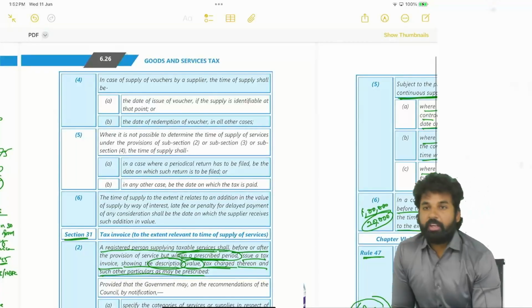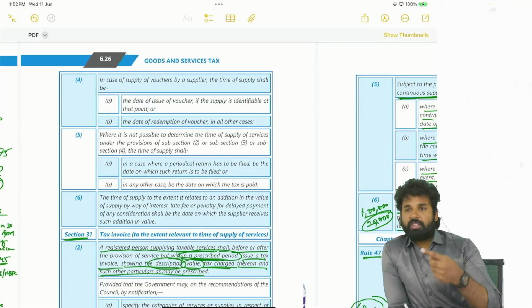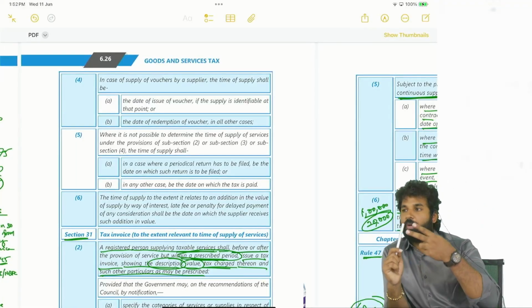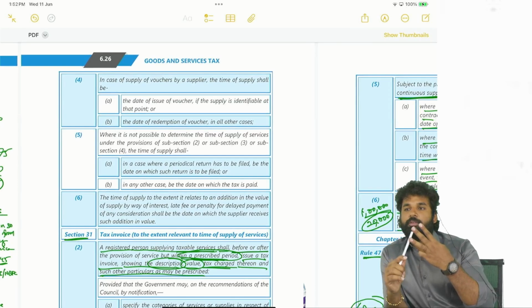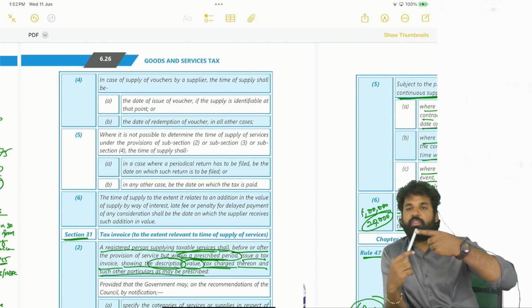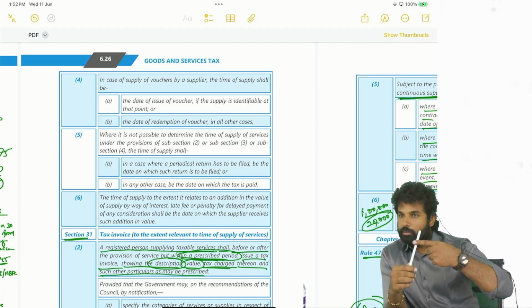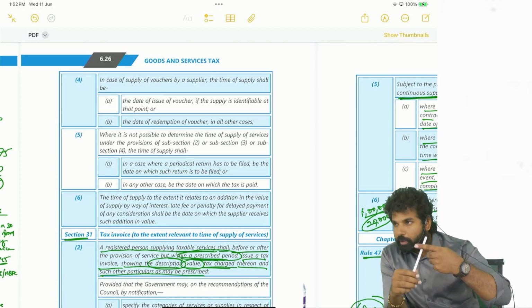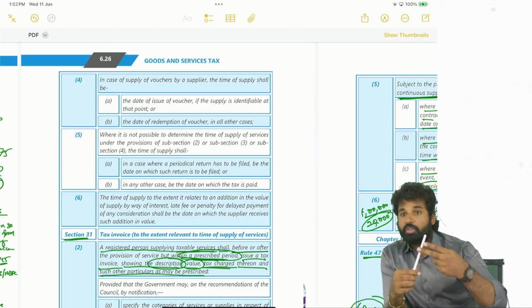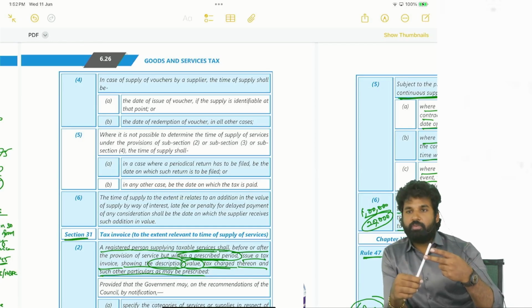So now the remaining three cases we know. What is that? Vouchers, enhancement in the value, and residual cases. With respect to vouchers, if it is identifiable, then time of supply will be date of issue of vouchers. If it is not identifiable, date of redemption of the vouchers.